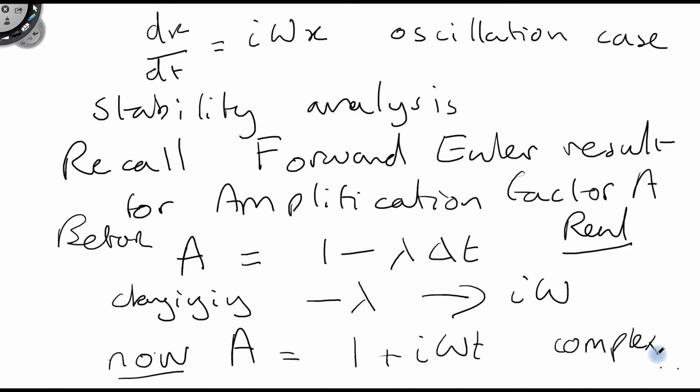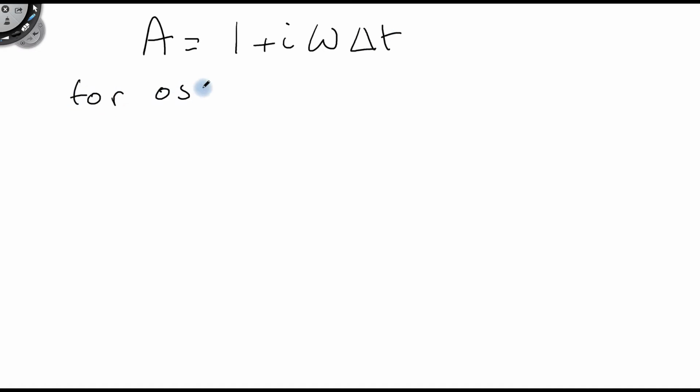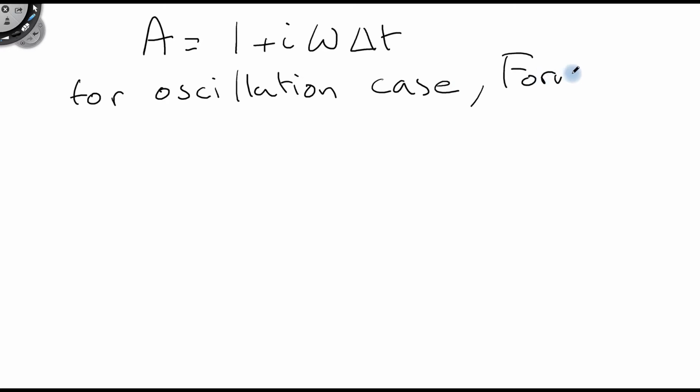Let's write that down again. A is 1 plus i omega delta t, now for the oscillation case, for the Forward Euler method.